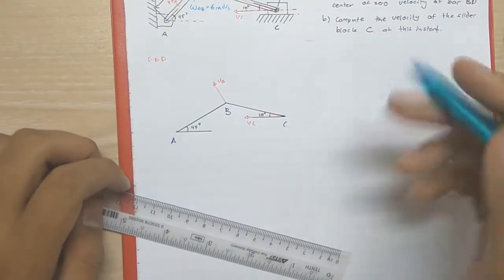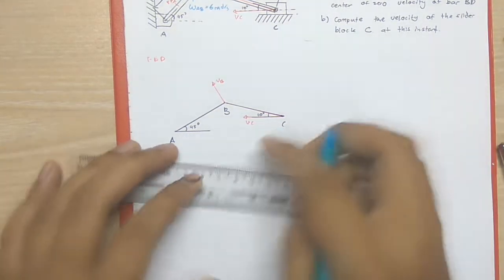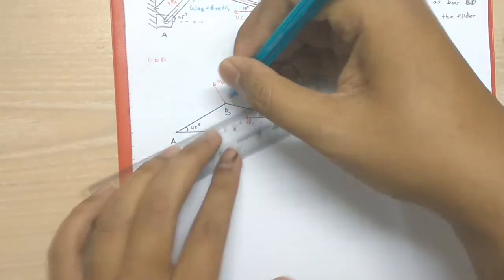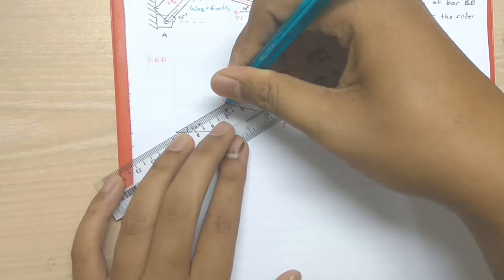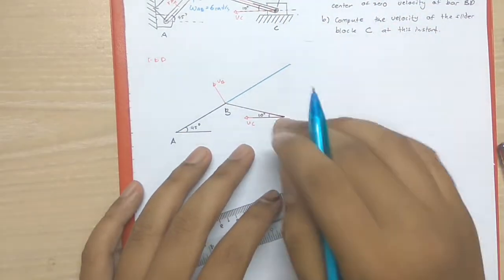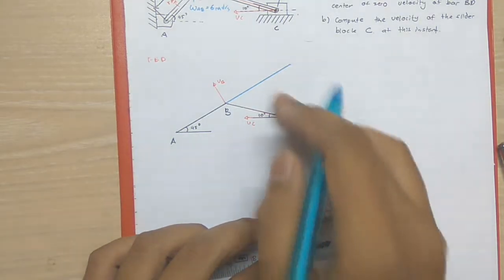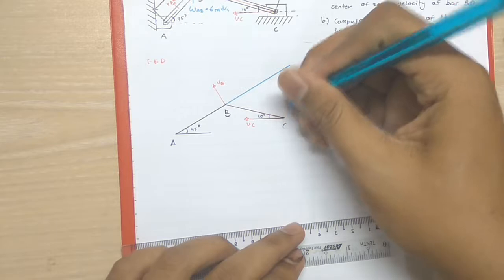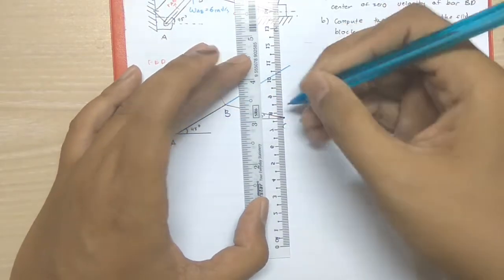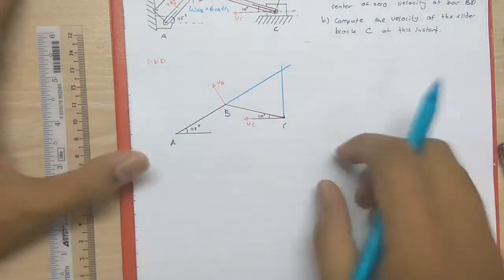So I will use my blue color pen to make the line of the instantaneous center. We know that the IC is perpendicular to VB, so this line goes straight around here, and for VC, the line perpendicular to VC goes straight top or bottom. We choose top because it will become a triangle.